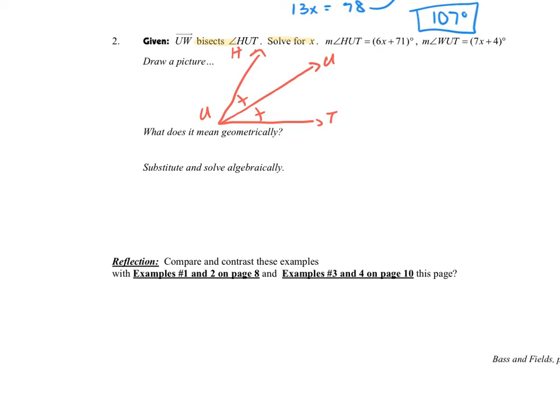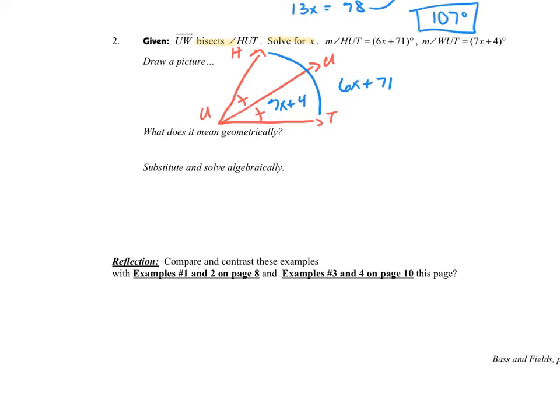Now let's go ahead and label the picture. It tells us that angle HUT, the big angle again, is 6x plus 71, and that WUT, it's easy to get tongue-tied, is 7x plus 4. So what we need to recognize is that these two small angles are congruent, but these two are clearly not.